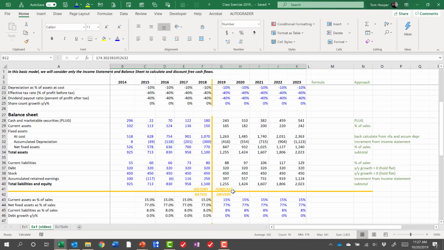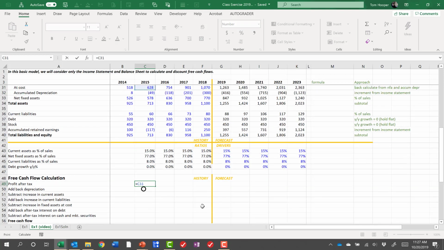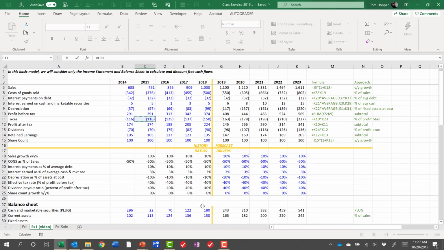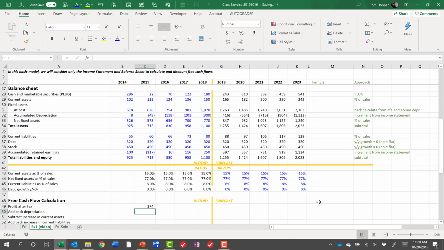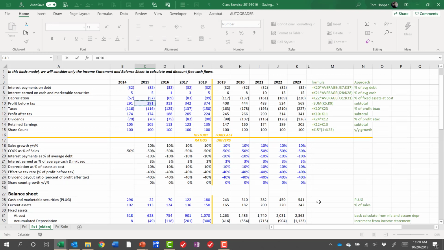So let's start with a profit after tax and think about what we might need to back off. Depreciation is something that we took out to reflect investments that we had made in the past, but we want to add that back in since it's not part of our free cash flow.